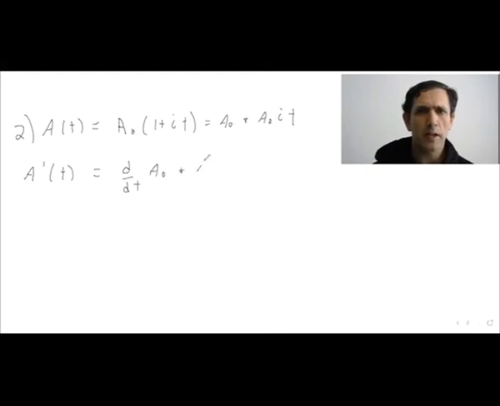I can pull out the A0 i and just differentiate t here. So then this is just A0 times i times 1. The derivative of t with respect to t is just 1. Nothing really there too much, so just plug and chug. Sorry, that should be a t here.